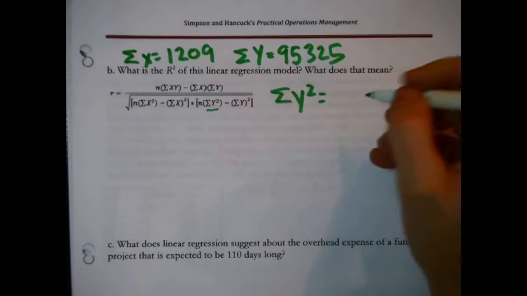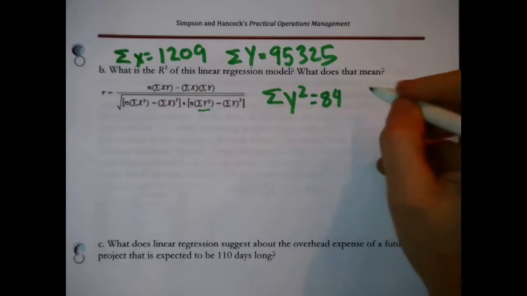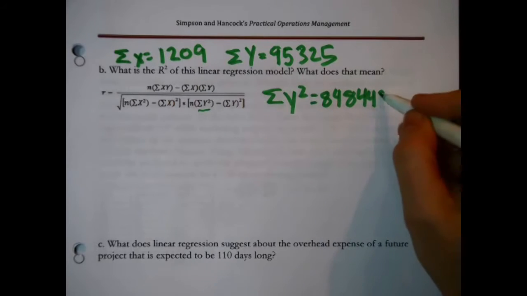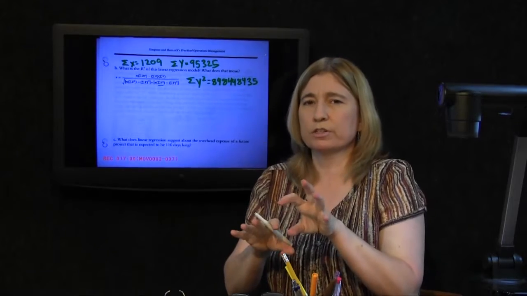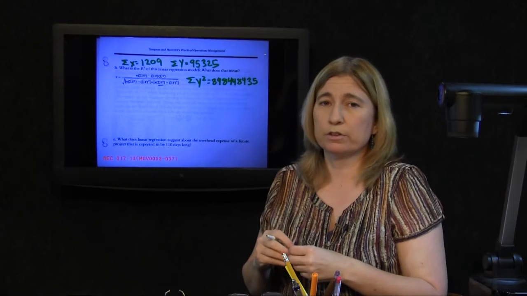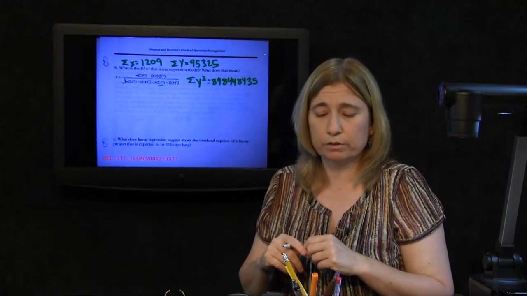It features a lot of 8s and 4s. 848,448,435. Oh, all right. Now, between these summary statistics and the ones that we created anyway to answer the first part of the scenario, now we have everything we need to piece together the correlation coefficient.